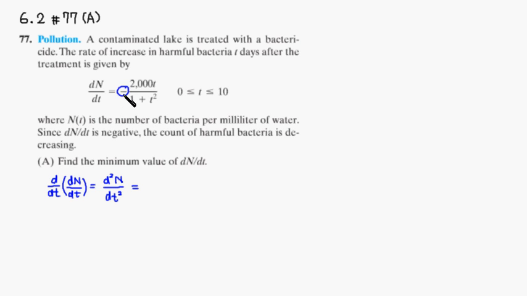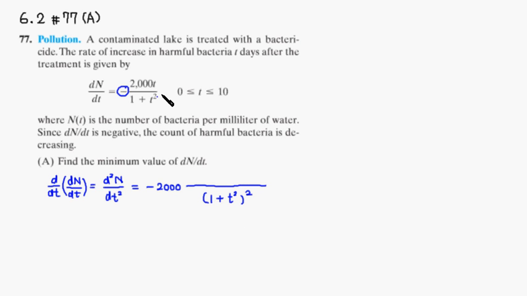You have a constant, negative 2000, which is just a constant multiple, so I'll put it outside. Negative 2000. Then take the derivative using the quotient rule. Square the bottom, so you have the quantity 1 plus t squared, squared.